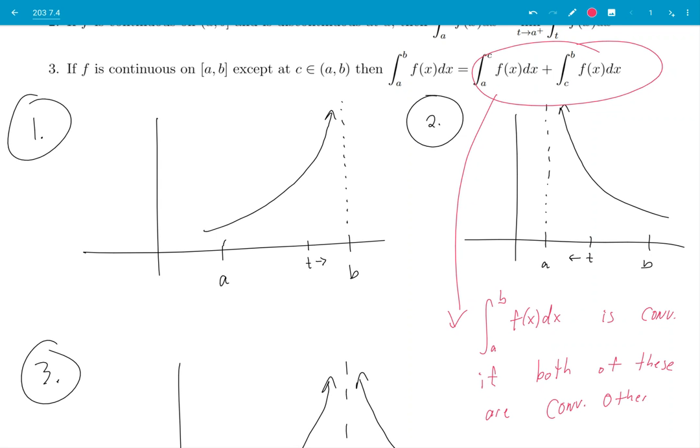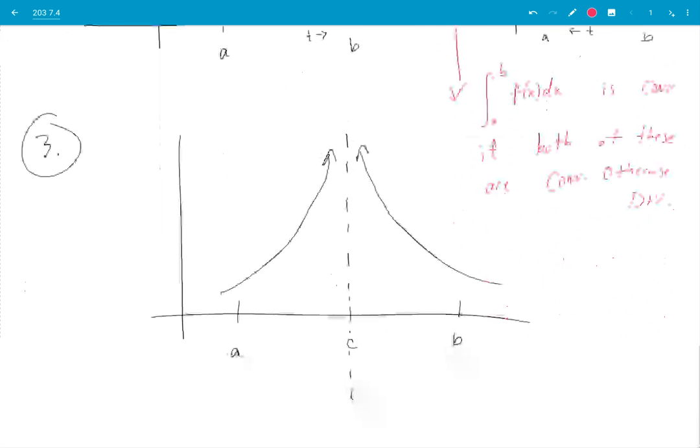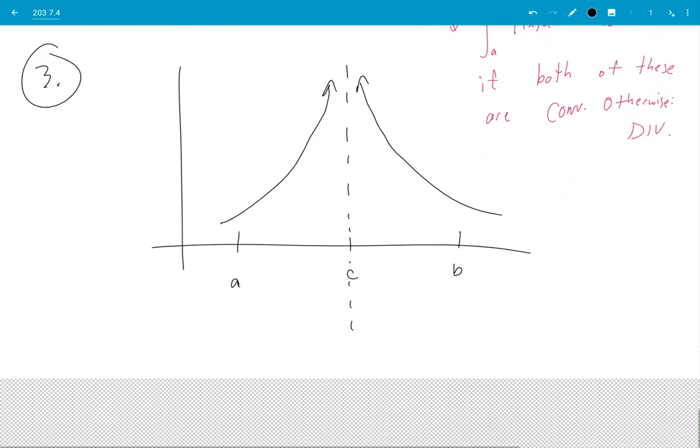And otherwise, the original, this guy, is divergent. Okay, pause and copy that if you haven't done so already. And we'll move on to an example, something more complicated.